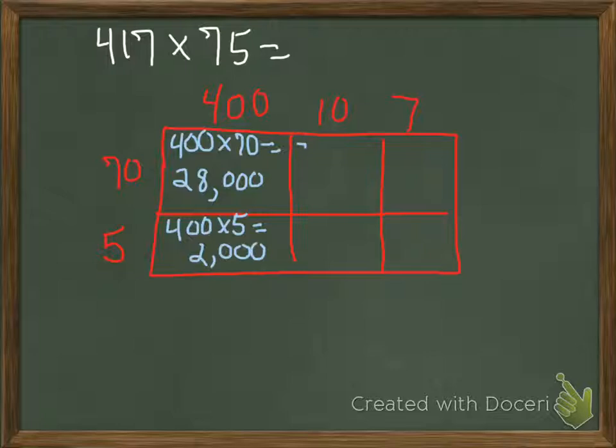The next part is 70 times 10, which is 700. And underneath that, 10 times 5, which equals 50.